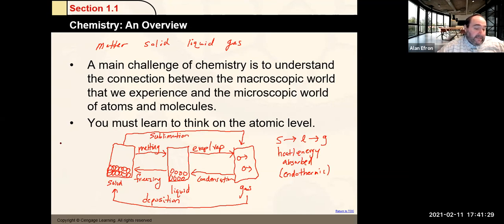Opposite to that is the process where we go from gas back to liquid, back to solid. In order to do that, heat and energy needs to be released.